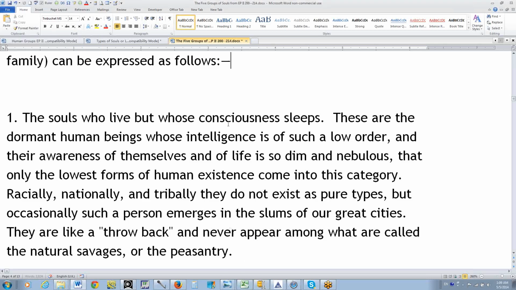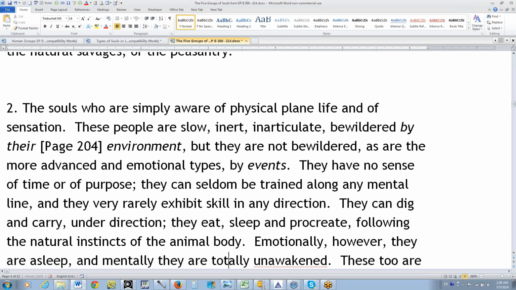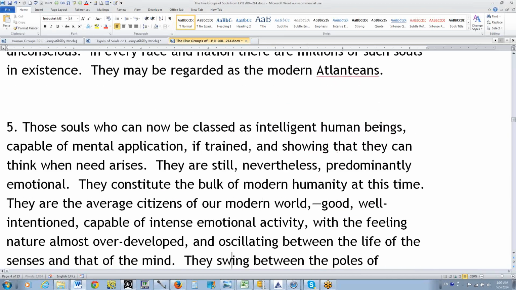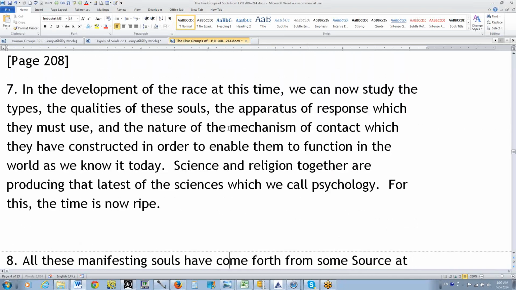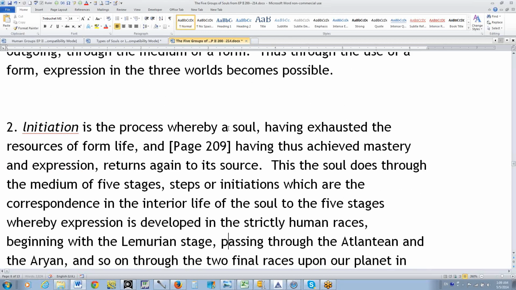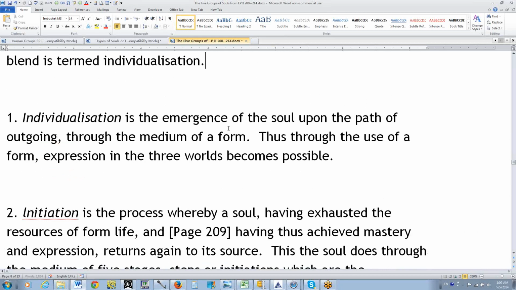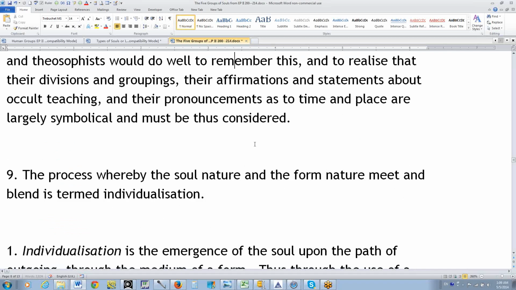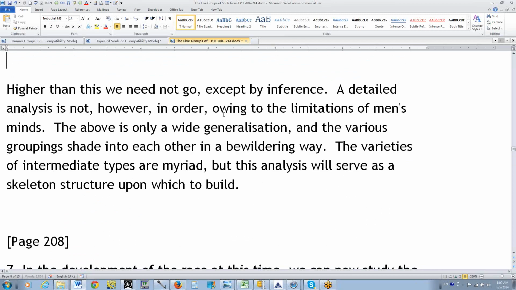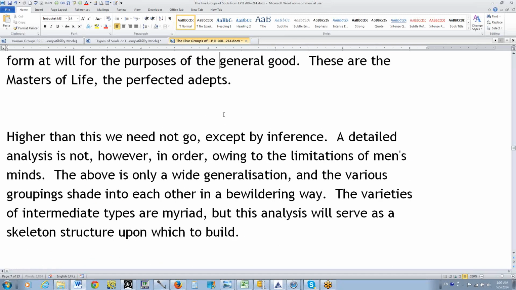What we can say here is that we will end with Masters of Life. Higher than that, we need not go. Okay, we will discuss that later.